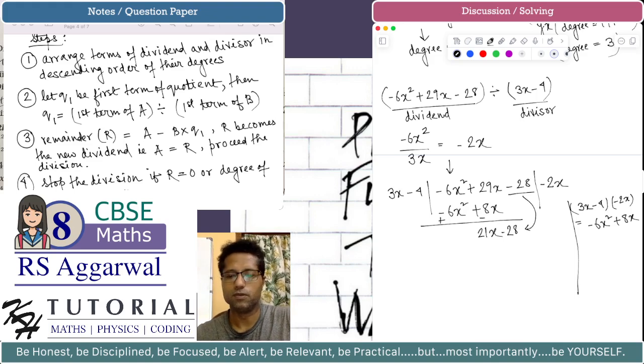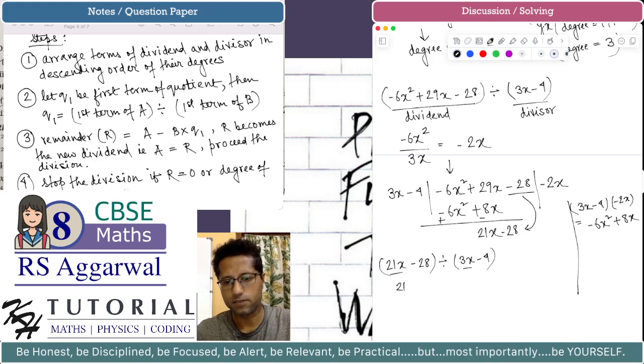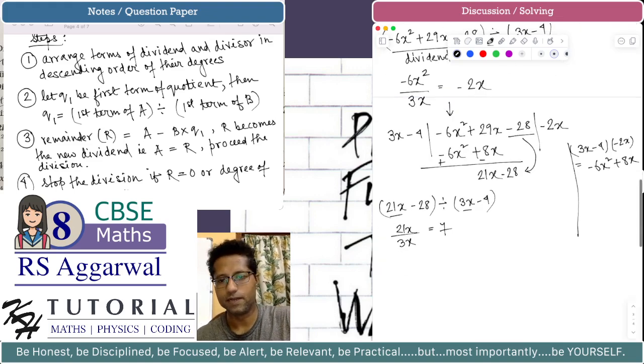Now you have to again divide 21x minus 28 by the divisor 3x minus 4. The next term of the quotient will be the first term of the dividend, that is 21x, divided by the first term of the divisor, that is 3x. This is equal to 7. And this 7 will get added to the quotient.